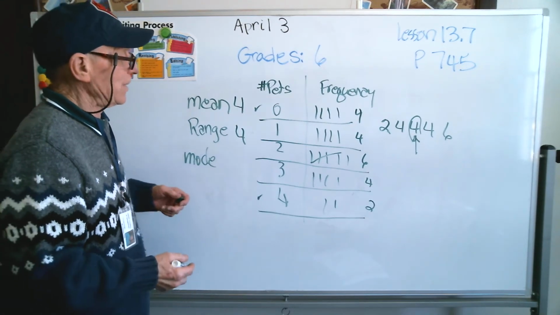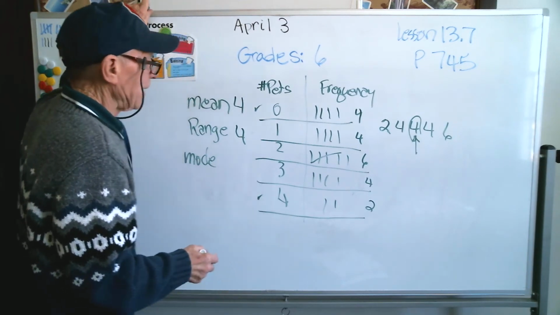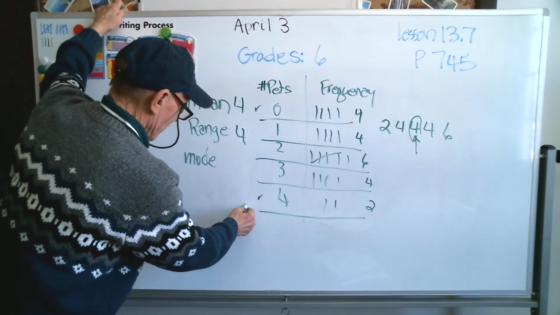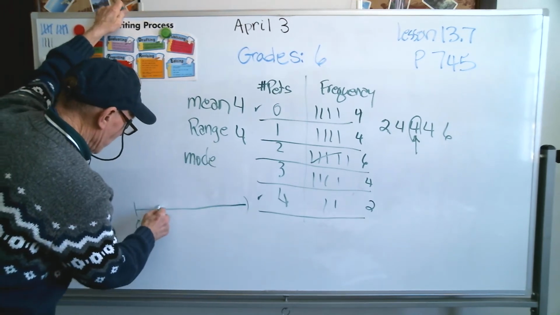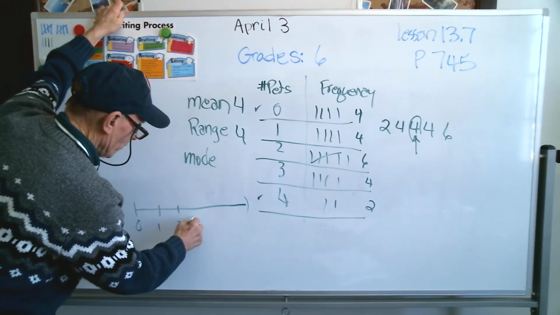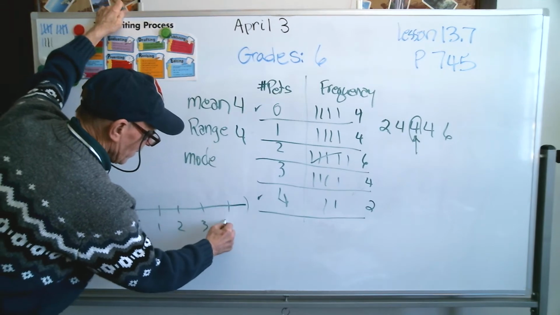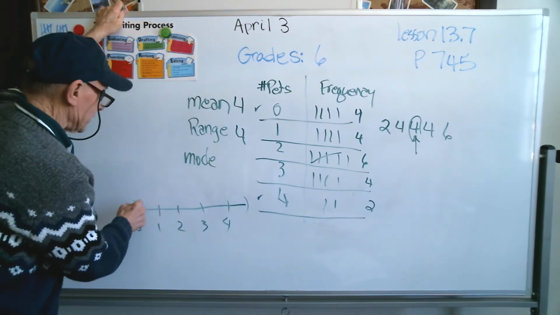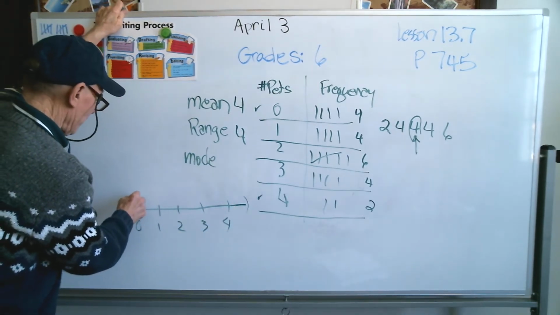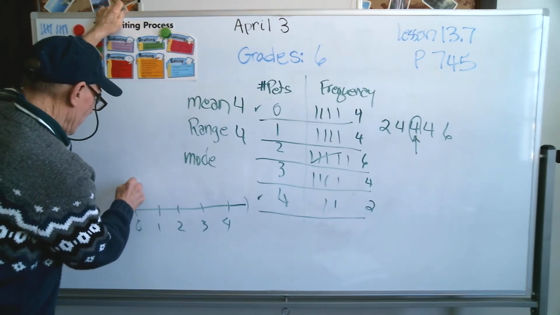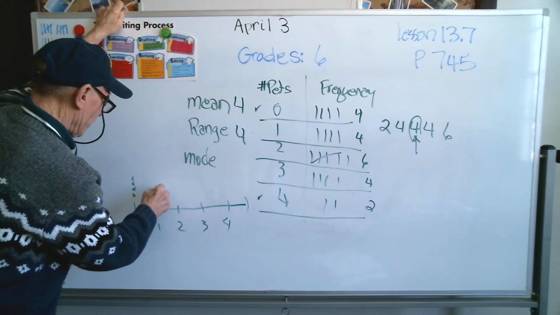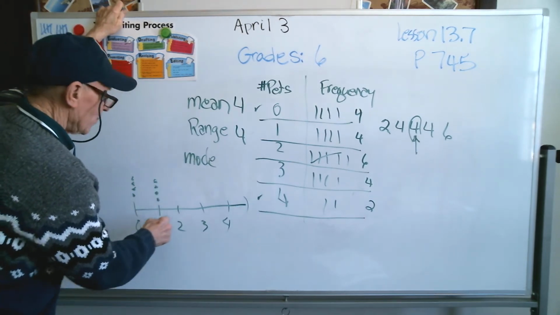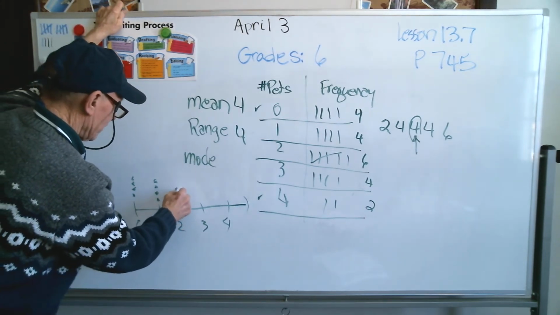And so let's just quickly build a dot plot here. We're going to start at 0, 1, 2, 3, 4. And at 0, we've got 4. At 1, we've got 4. At 2, we've got 6.